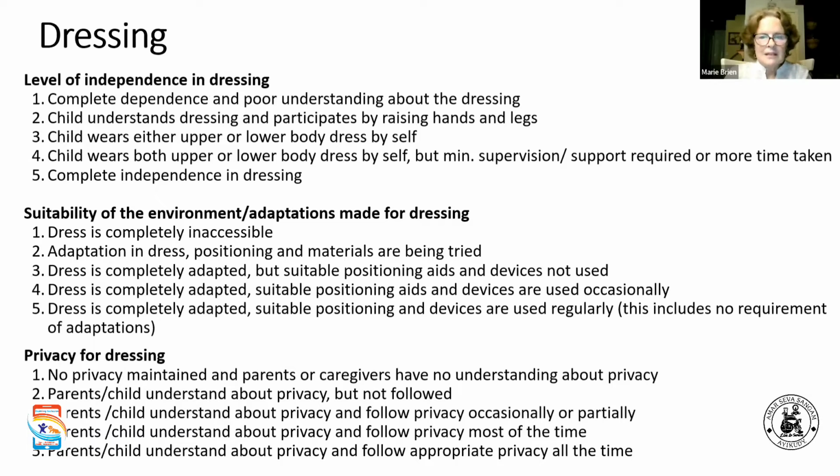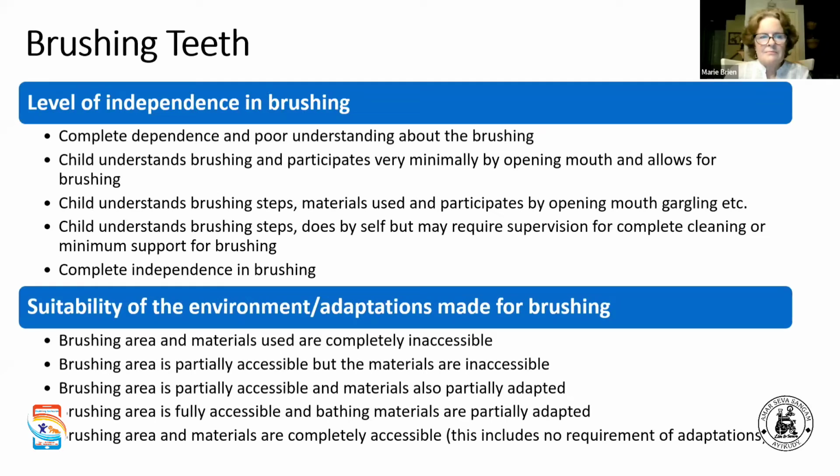So what can be adapted to facilitate independence in dressing? And again, we don't forget the privacy as the child gets older, and that's always something that we discuss with parents as a human right.